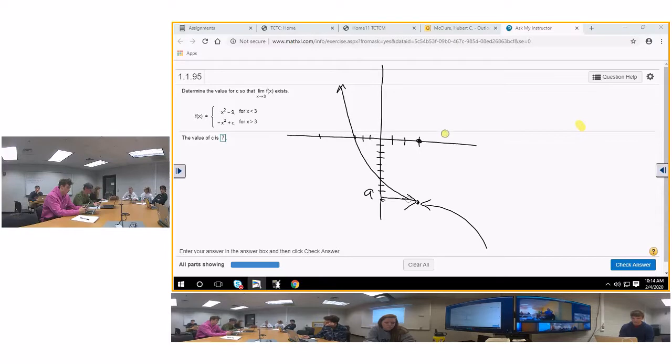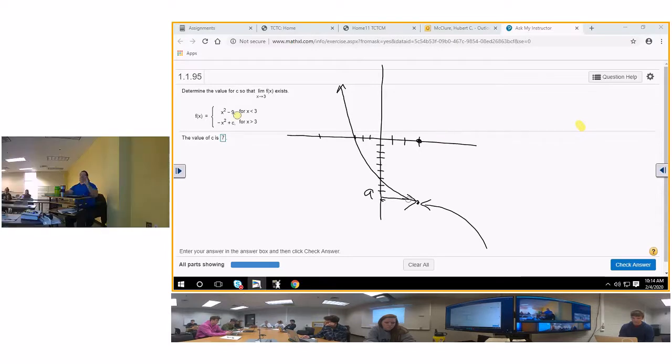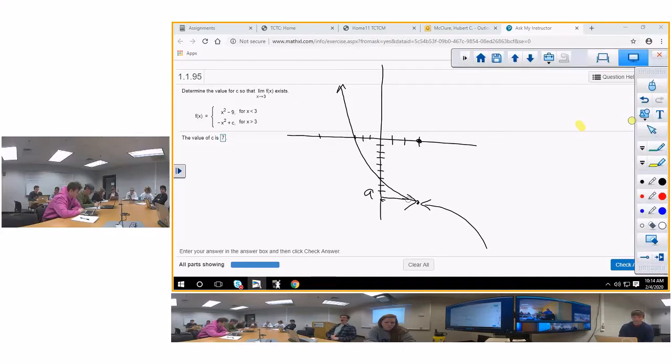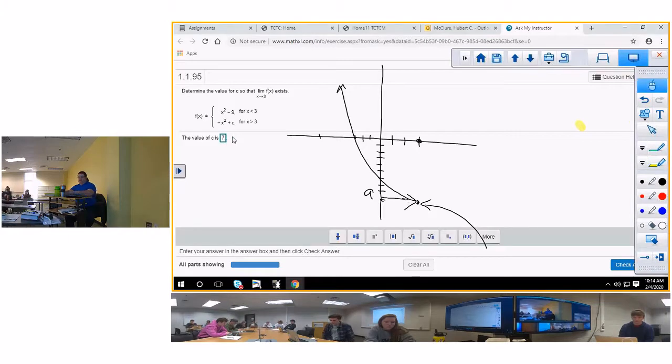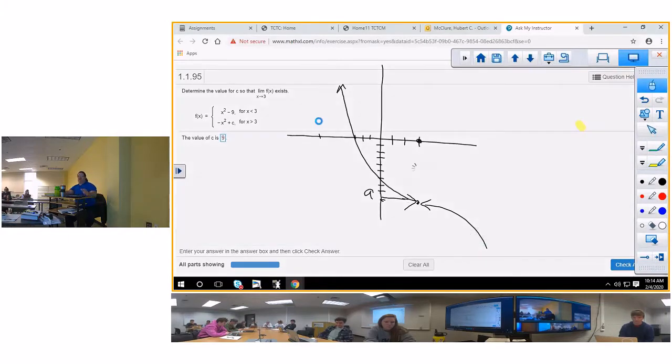I don't think that's right. No, because the vertical, I'm getting the y-intercept. I don't think 9's right. Maybe 9 is right. That one's kind of confusing. 9 is correct. That's negative 9. It should be negative 9.